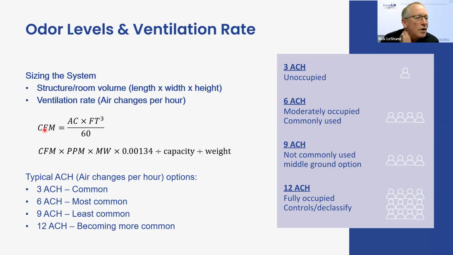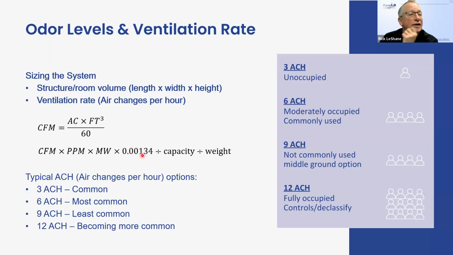Other ways of looking at it is you want to know how much media is going to last a year. We try and size our systems to where media lasts at least a year or more. This formula has you plug in the CFM, your concentration of, say, the H2S. You need your molecular weight of the H2S.